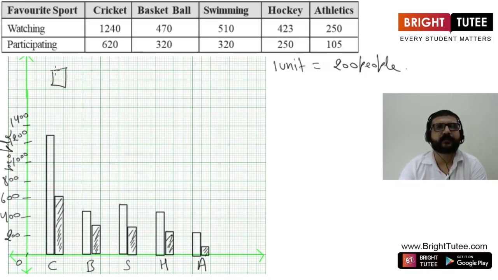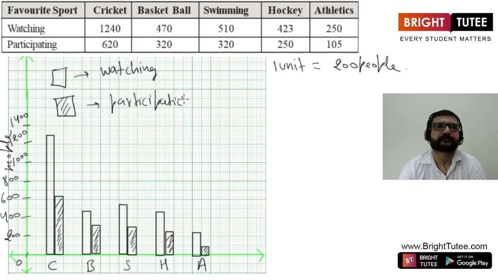So the blank ones are representing watching sports, and the shaded ones are representing people participating in it. So this is how we formed a double bar graph using this tabular information.